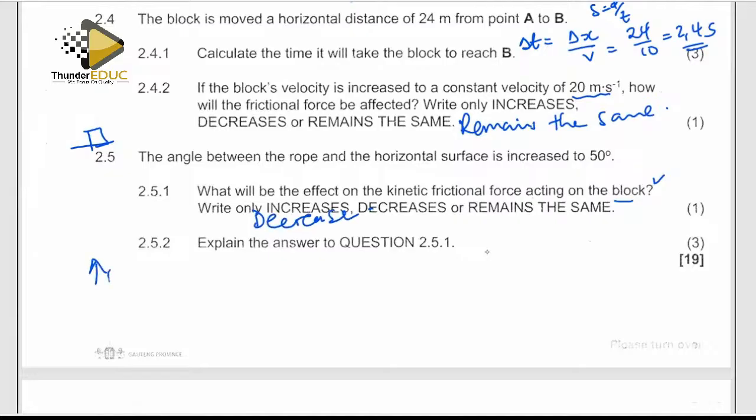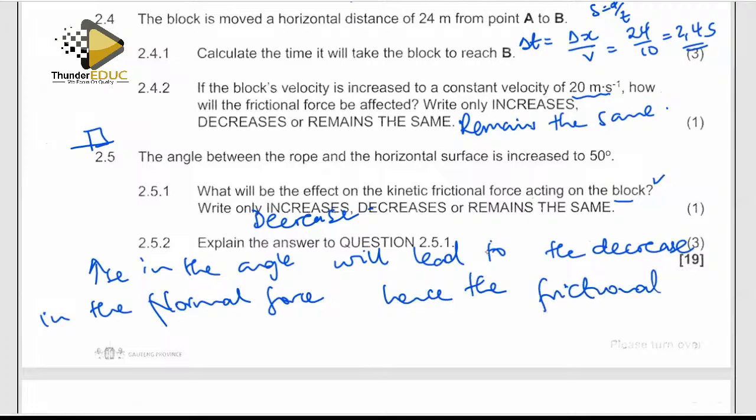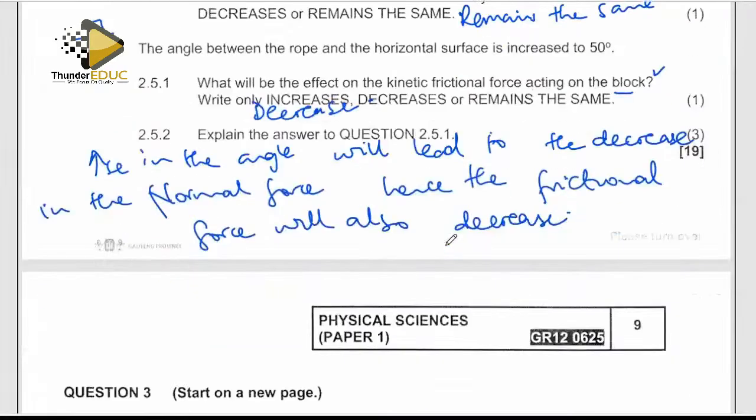Explanation: the increase in the angle will lead to a decrease in the normal force, hence the frictional force will also decrease. That is the explanation we could give.